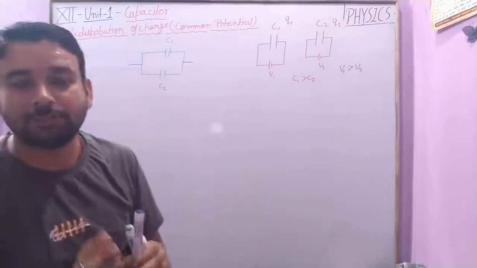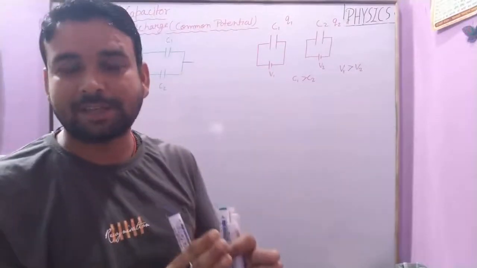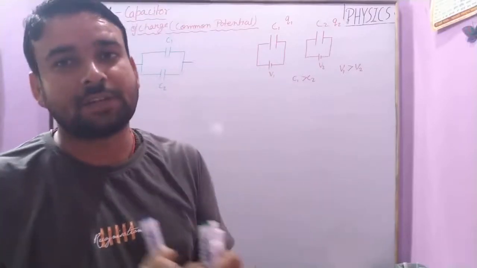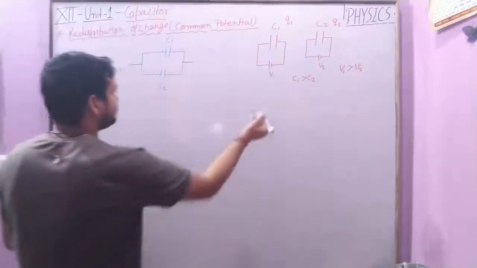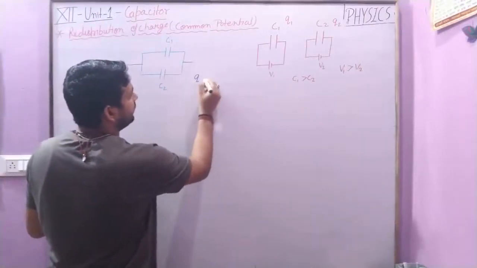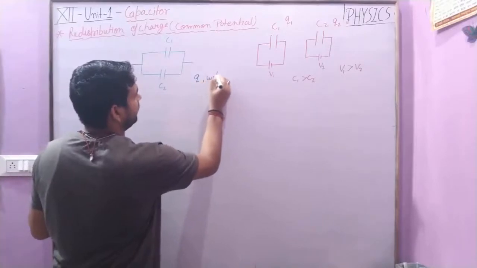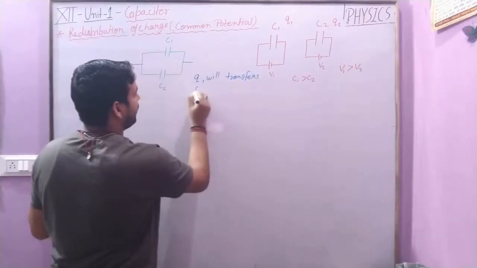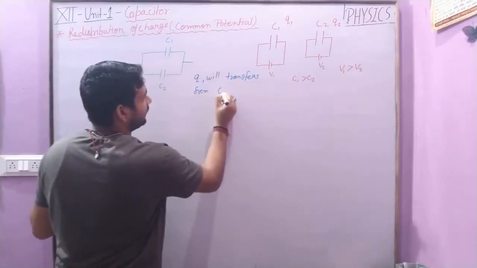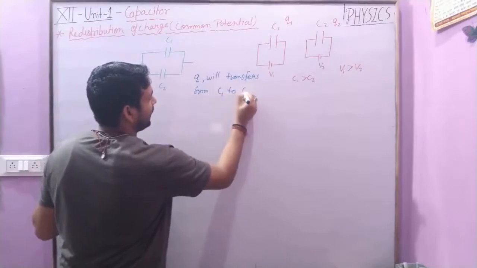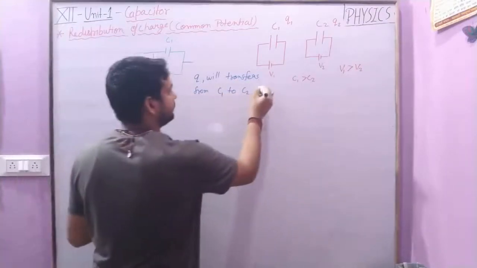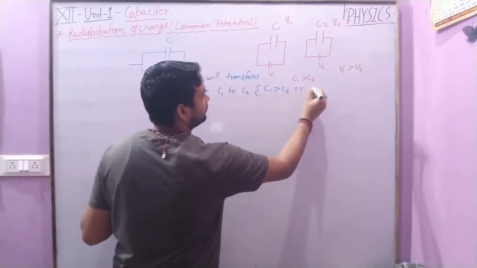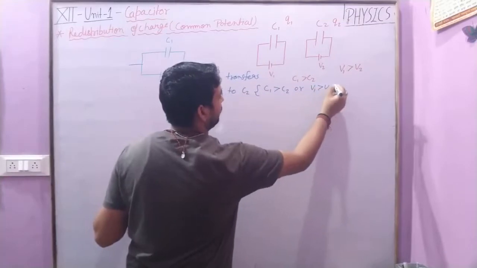So in this particular type of connection of the two capacitors, the capacitors redistribute their charges, which means the charge from the capacitor at higher potential is moved to the capacitor at lower potential, which means charge will transfer from capacitor C1 to capacitor C2, because C1 is greater than C2 or V1 is greater than V2.